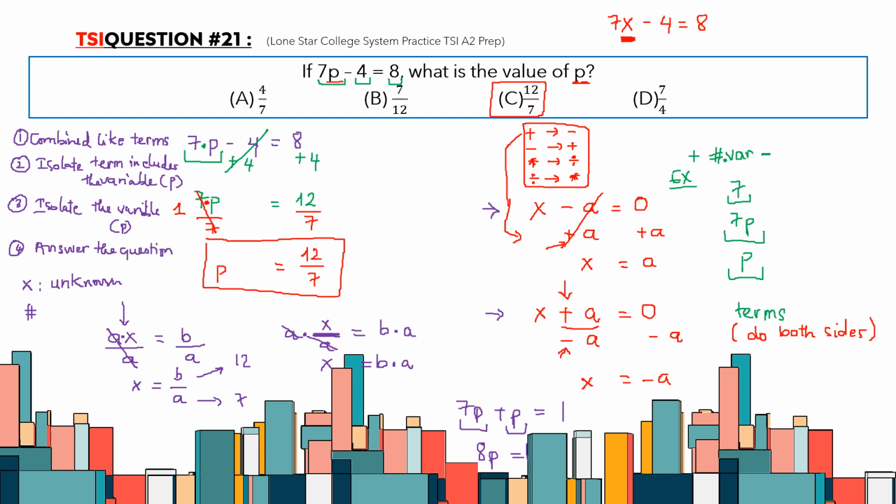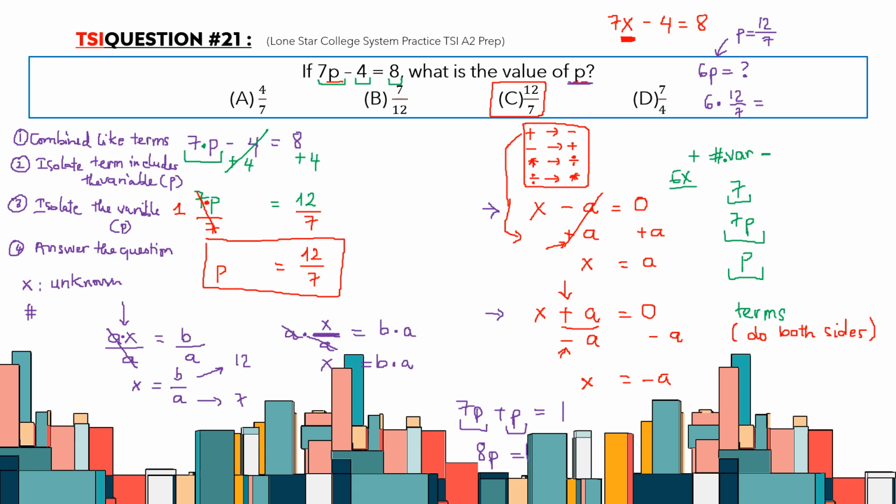Why do I have step number 4, answer the question? Because sometimes they're not asking for p. They're asking, what is six p? What is six p? So that is when you answer the question. When you have p equal to a value, so in this case p equals 12 over 7, if they ask for six p, we multiply six by 12 over 7 instead of p.